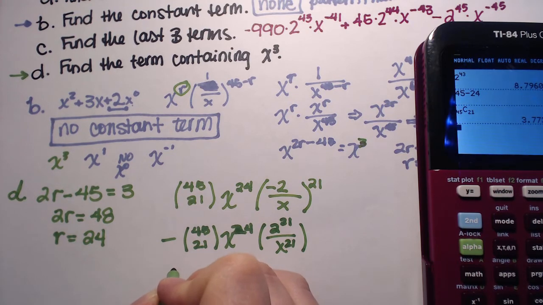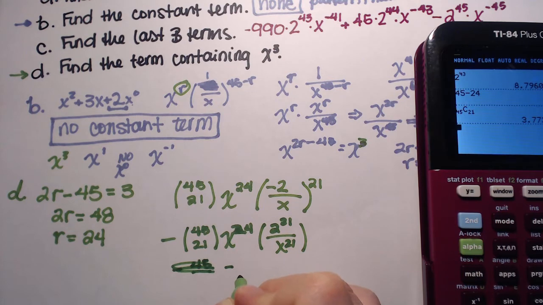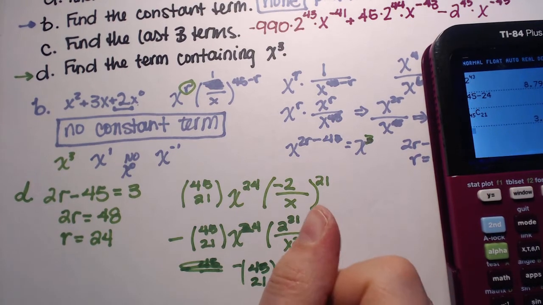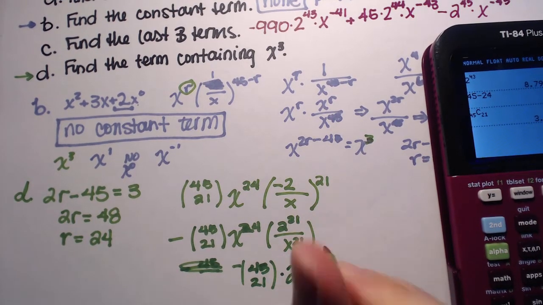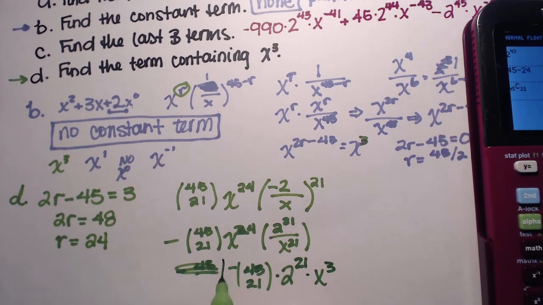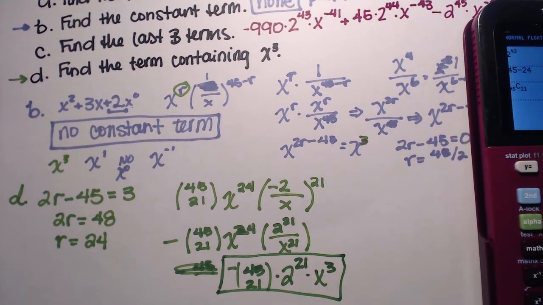So I have this negative 45 choose 21 times 2 to the 21st times x cubed. And that is the number, well, the term.